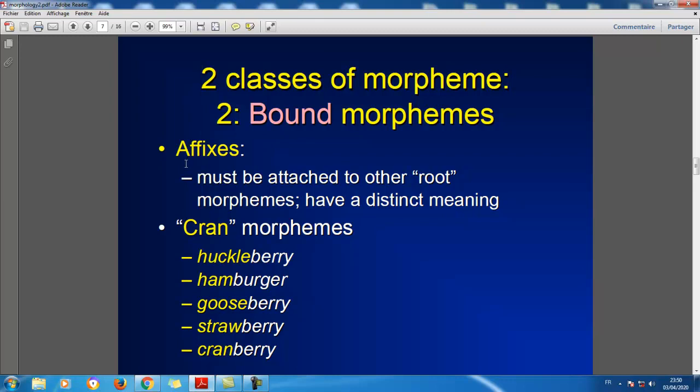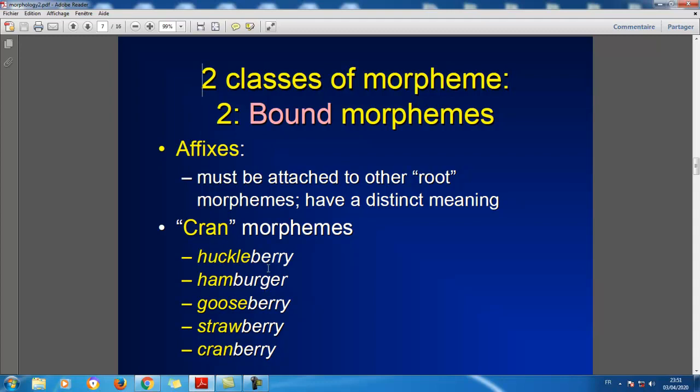Now, included in the category of bound morphemes, we can also talk about cranberry morphemes, like huckle in the word huckleberry, ham in hamburger, goose in gooseberry, straw in strawberry, cran in cranberry. Each of them shows its meaning only when it is found in connection to other bits, other units, other words.